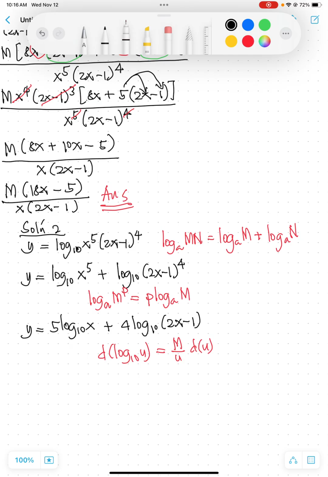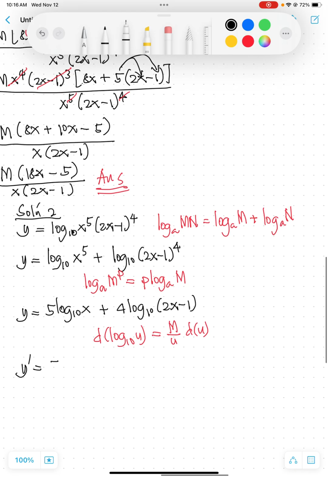So y prime equals 5, m over u, our u in the first term is x, so times derivative of x, plus 4 times m over u, our u in the second term is 2x minus 1, and then times derivative of 2x minus 1.